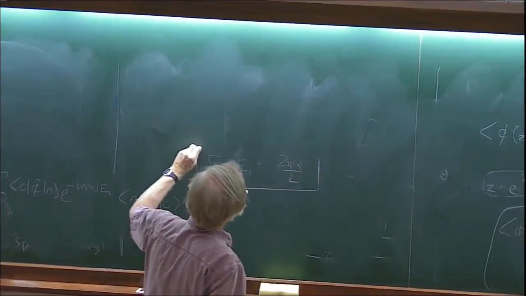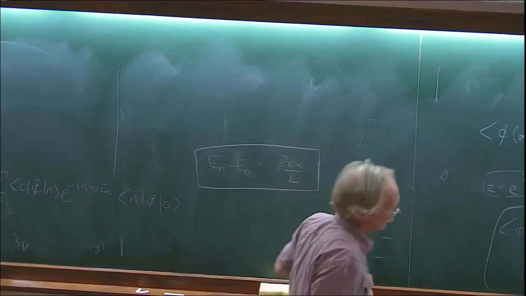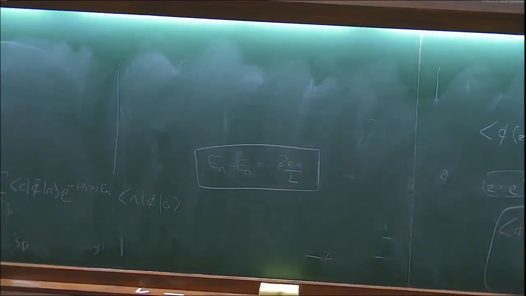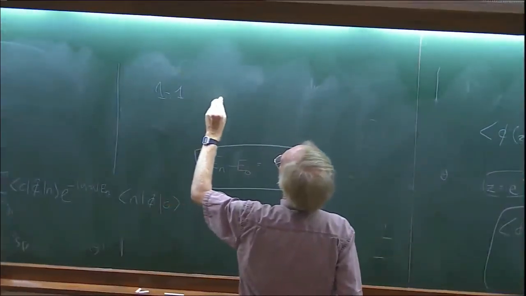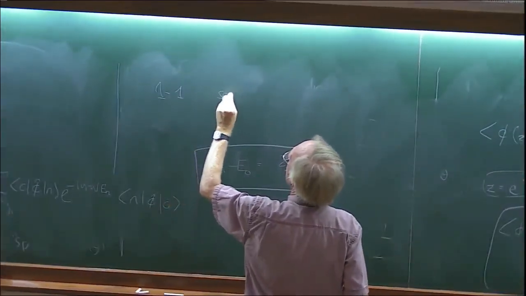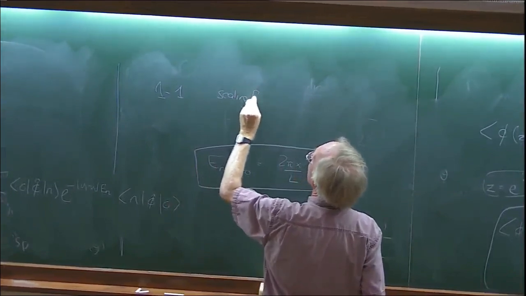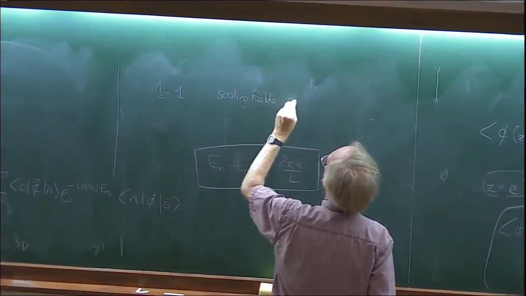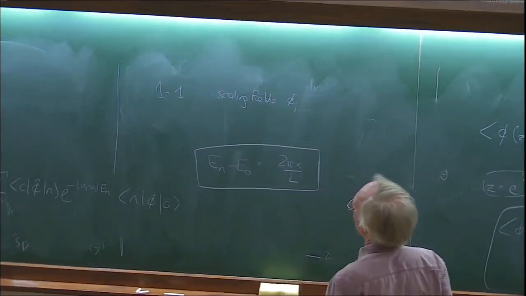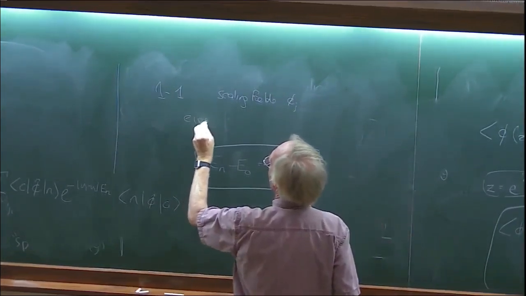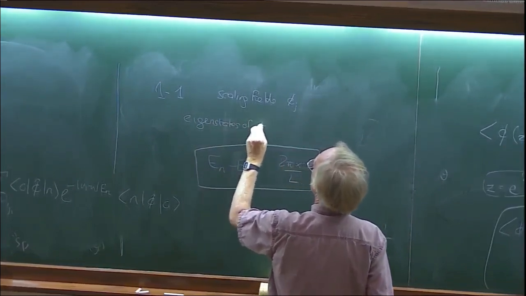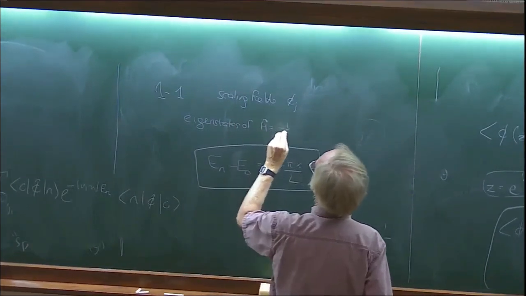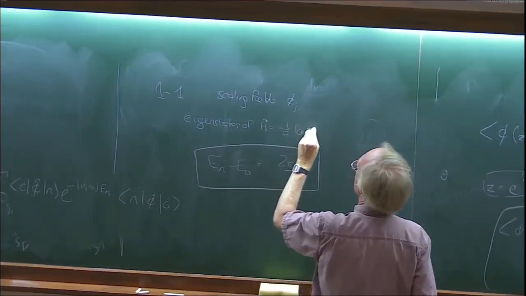So this is an example of a fundamental result, that there's a one-to-one correspondence between the scaling fields phi j and the eigenstates of H, where H is equal to minus 1 over A times the logarithm of the transfer matrix.